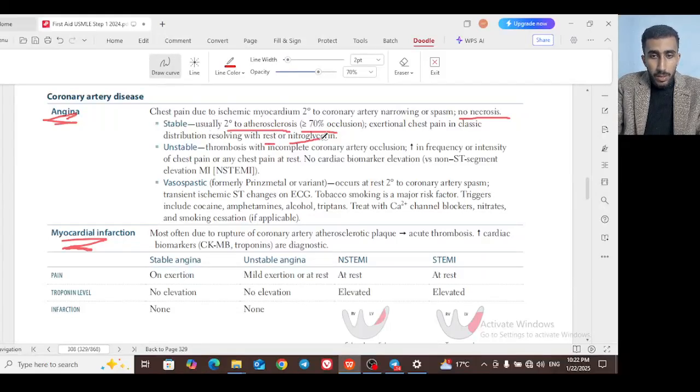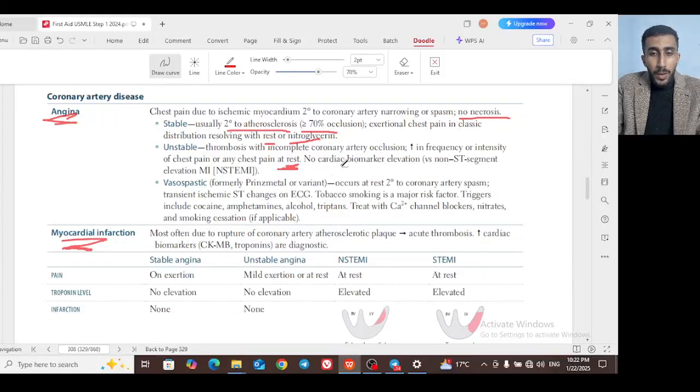So this is stable angina, meaning you have pain on exertion, and it resolves with either rest or nitroglycerin. For unstable angina, you have thrombosis with incomplete coronary artery occlusion, and you have increased frequency or intensity of the chest pain, but at rest. If your patient comes complaining of typical chest pain at rest with increasing frequency of these attacks, he is in the category of unstable angina.